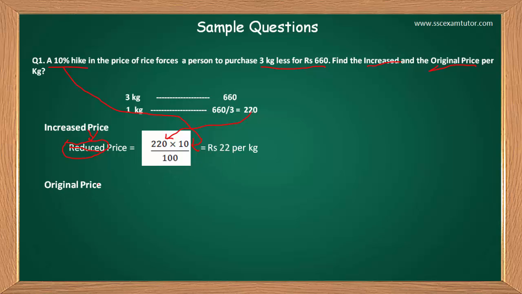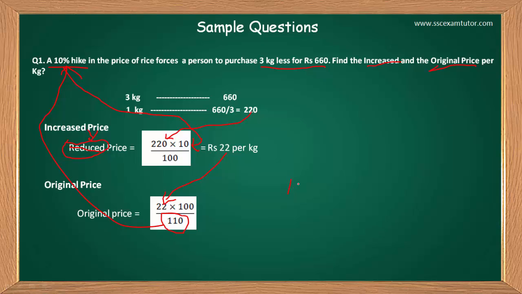And when you are asked to find the original price, you will have to take this value, that is the value of increased price, and we will have to use the increased price per kg. Okay, and where does this 110 come from? It's again from here. Let me explain. The question said 10% hike.